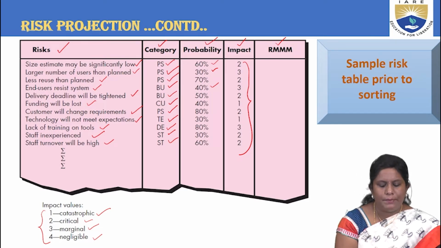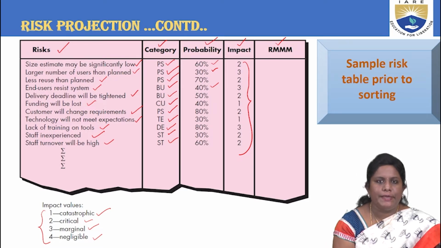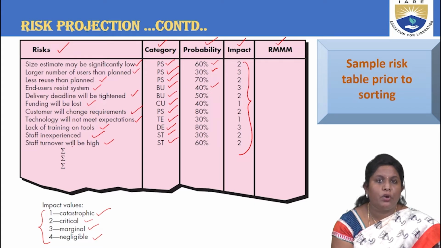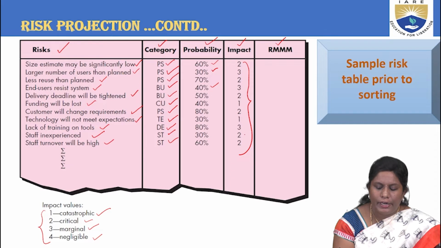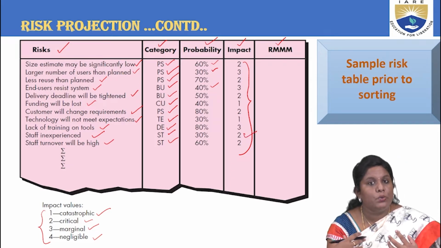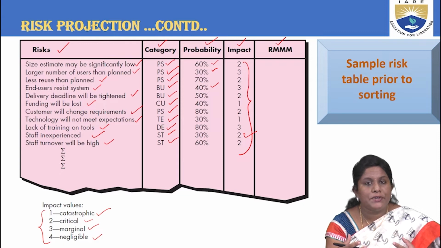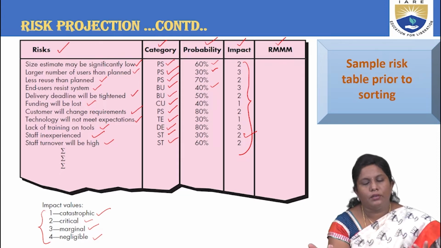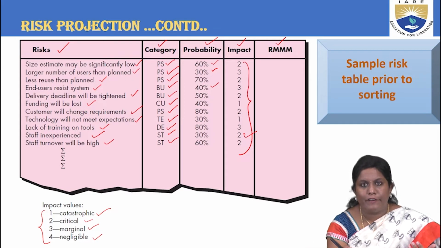Okay. Another example, if you say staff inexperience, there are people who are not able to work or don't know what that work is. They are put under the category of 2, and 2 is what? Critical. Critical meaning sometimes the person who is not knowledgeable and is trying to implement something, then again there may be some code issues and all those things. That is why they have put 2.